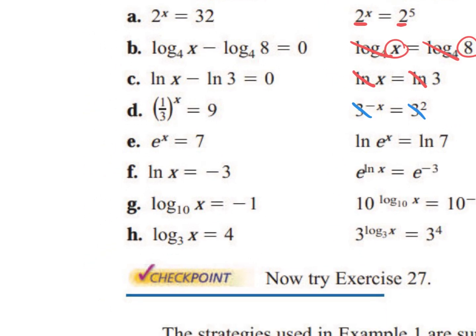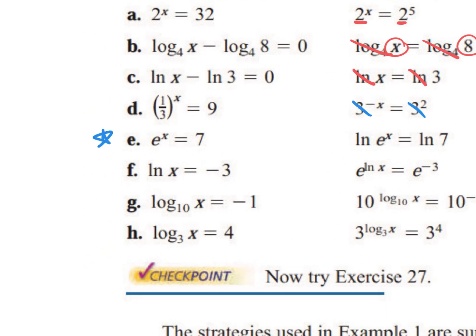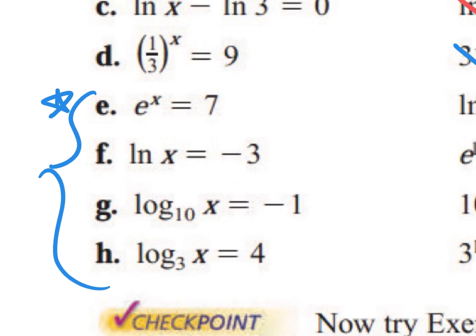So these are inverse properties from E to F. If we have an exponent where x is in our exponent, we use logs to get it out of the exponent. If x is in a log, we're going to use exponents to get rid of it.